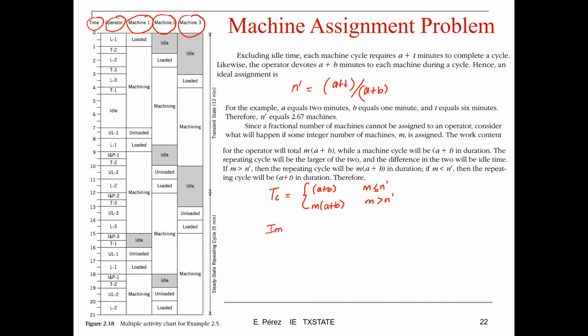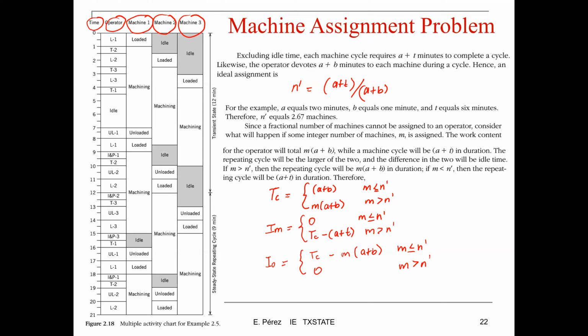IM is going to be equal to 0 if M is less than or equal to N prime, or TC minus (A plus T) if M is greater than N prime. Finally, IO is going to be equal to TC minus M times (A plus B) if M is less than or equal to N prime, or 0 if M is greater than N prime.